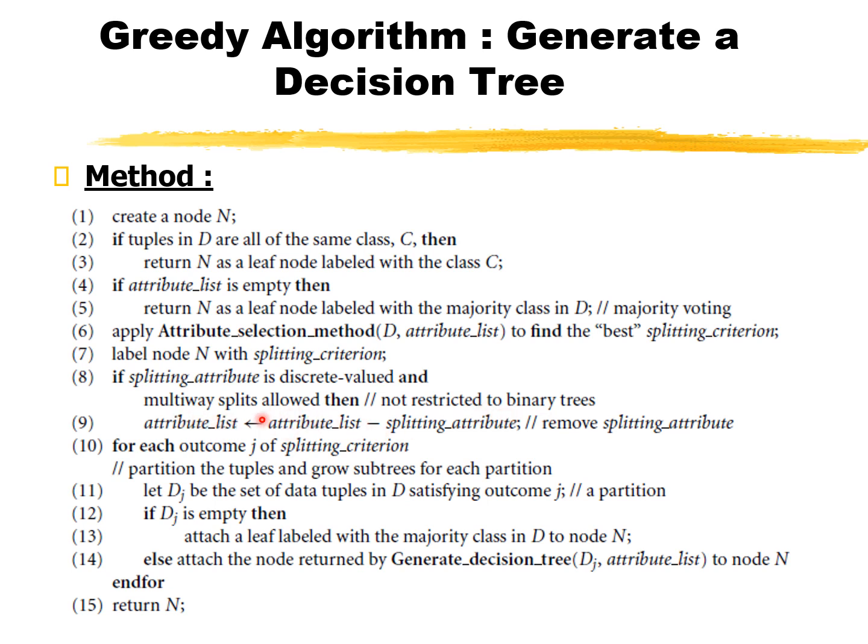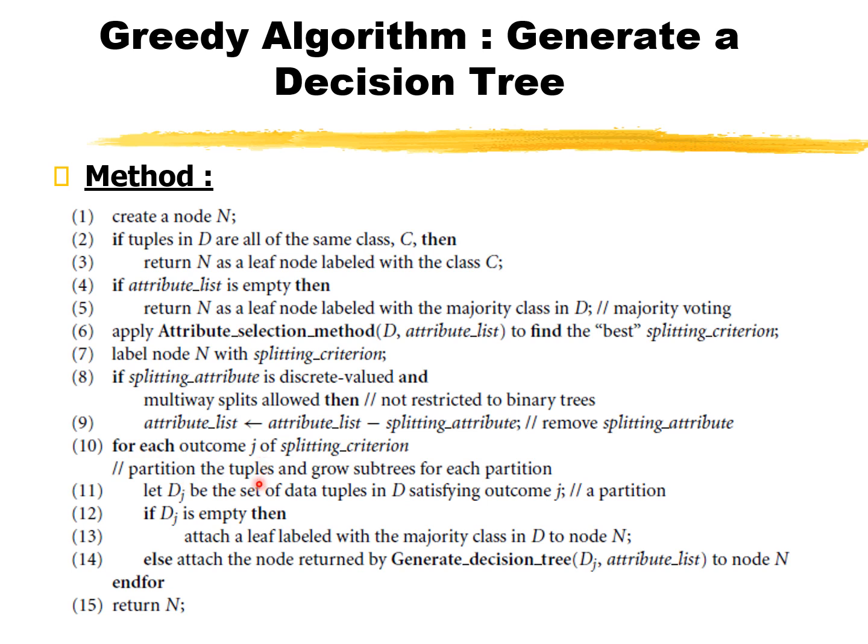So in this case, we have multi-way splits. In this case, we will remove the current attribute from the attribute list. So this splitting attribute will not be part of the attribute list anymore.